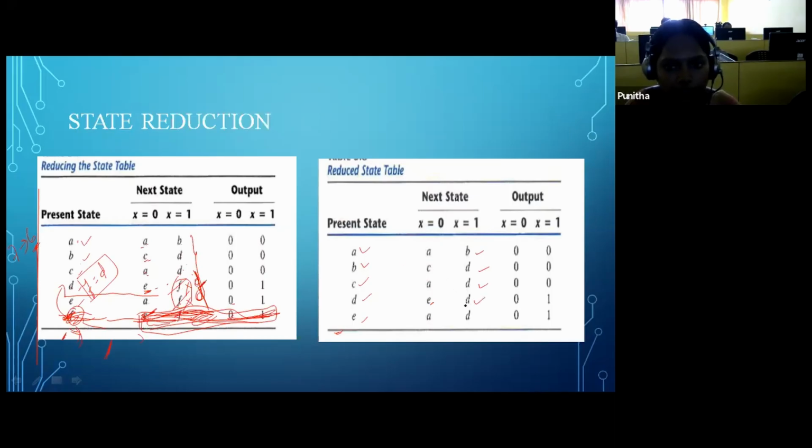Next, A I have written A, and instead of F, D should come here. The next state holds all the states of the present state. So before reduction I had 6 states, and after reduction I have 5 states. I have reduced 6 states into 5 states.